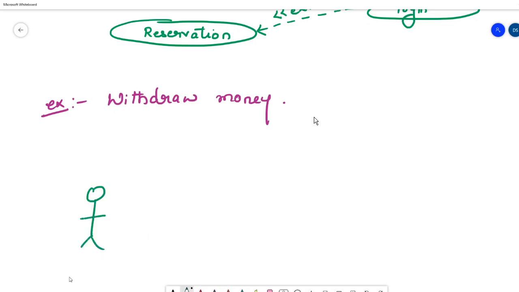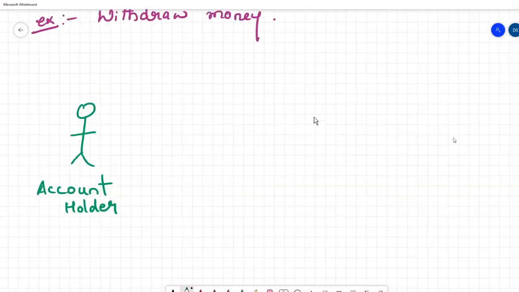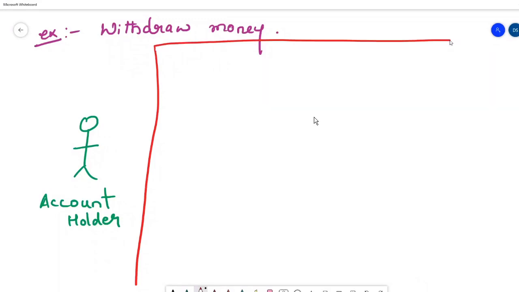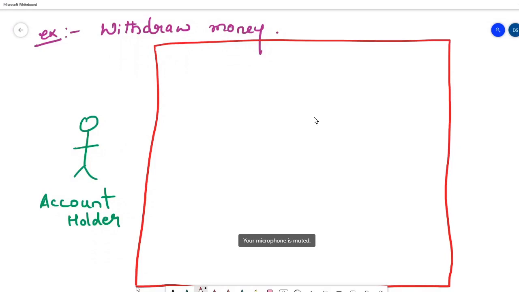The actor would be the account holder. Let's see how he can withdraw money. Now we know that we have to make this in a rectangle which shows the system. So like this, a rectangle has been made.